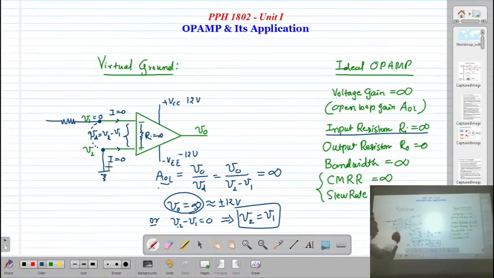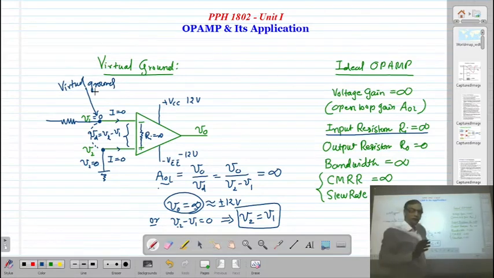So if V2 is connected to the ground, meaning V2 is equal to 0, then this point will also behave like a ground, and therefore this is known as a virtual ground. Virtual ground means it is physically not connected to the ground, but the potential developed at that point will be almost 0. And this concept is very useful for the analysis of the circuit.